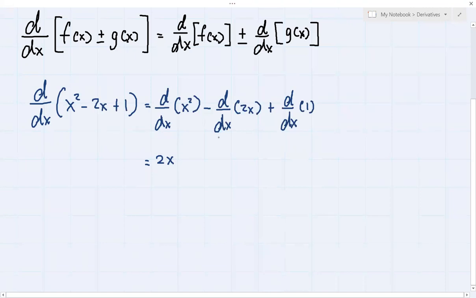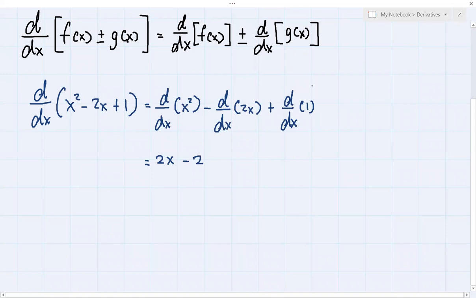Next, anong derivative ng 2x? Recall natin yung second basic rule of differentiation. Kapag meron kang term na may constant na may x, anong gagawin? Kunin mo lang si constant. So therefore, we will have the answer of negative 2.